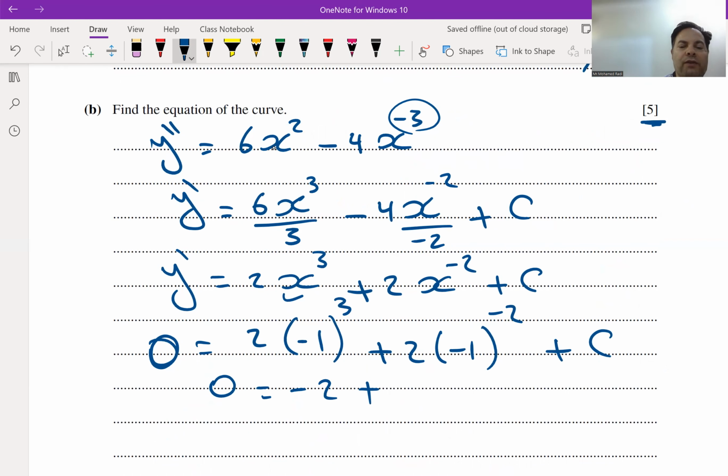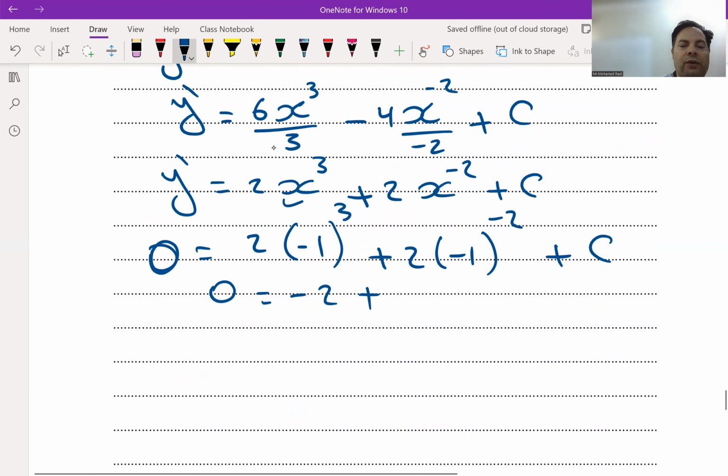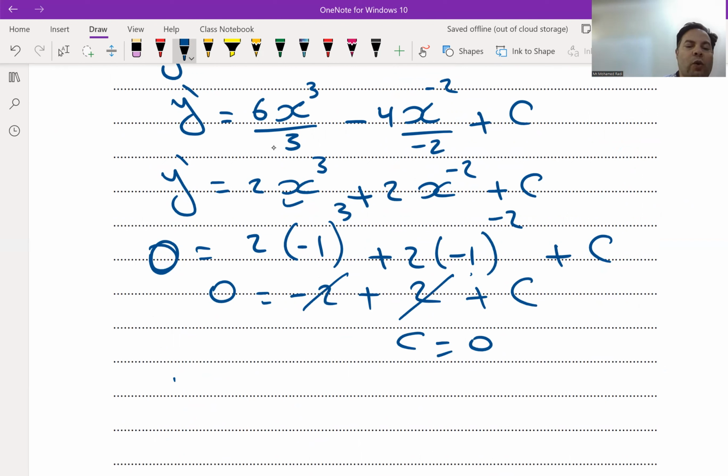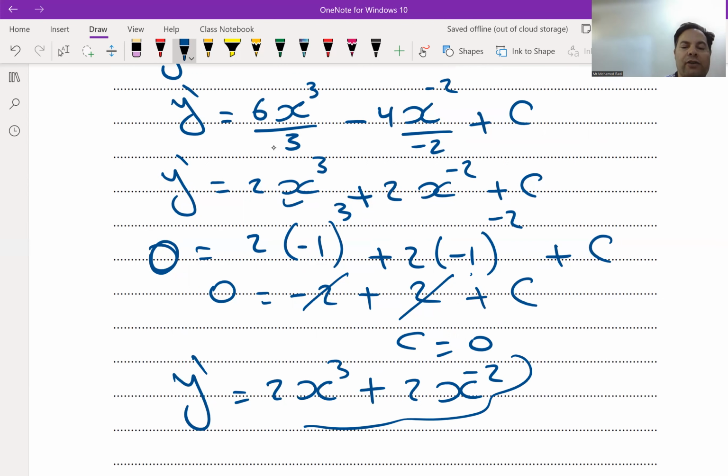When you substitute by -1, it will be -2, and this part will be plus 2, plus c. Cancel this with this, so c is equal to 0. So y dash is 2x cubed plus 2x to the power of -2. This is the first part, y dash.